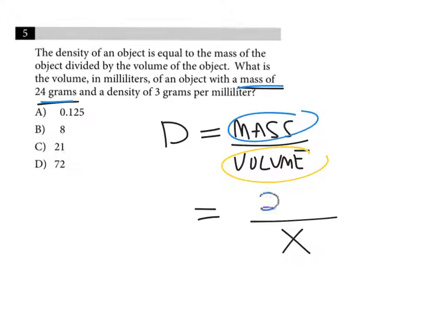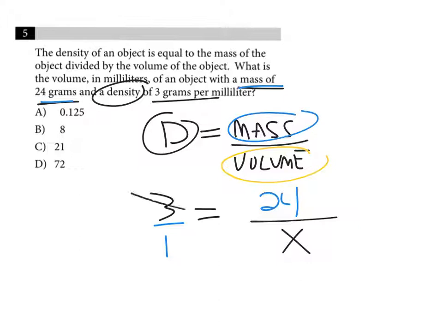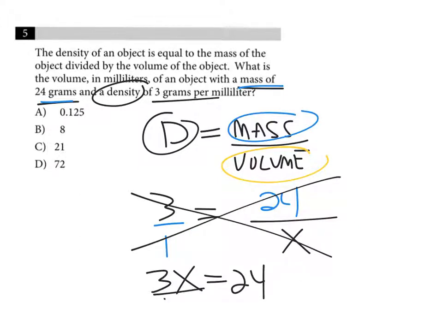I'm going to put 24 here. And the density is 3, so I'm going to plug in 3 for D. So this question becomes solving the equation 3 equals 24 over x. I'll put the 3 over 1 and cross multiply. I get 3 times x equals 24, or x is going to be equal to 8, or answer choice B.